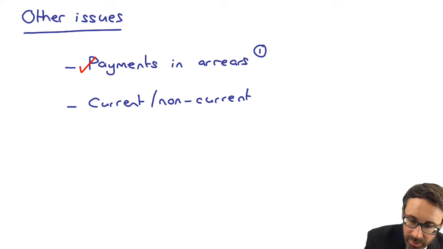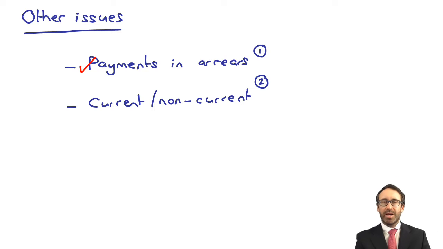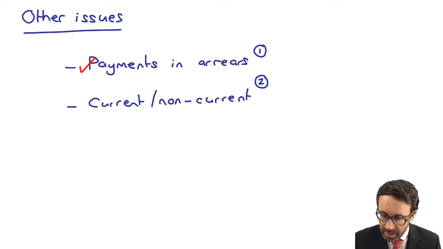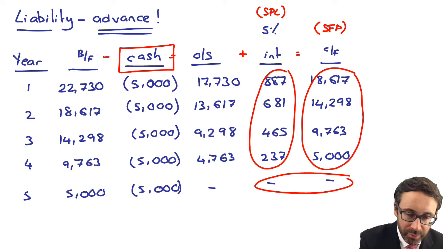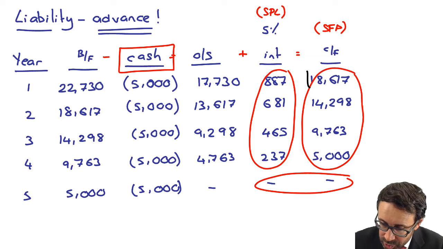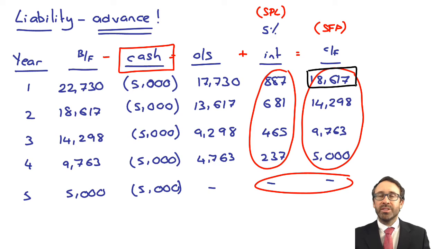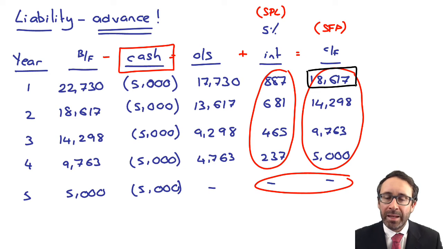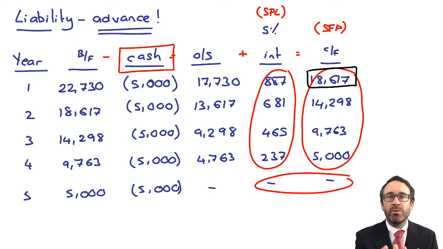The second bit that we need to look at is the split of that liability into a current and non-current amount. So if we go back to the example that we did in that previous lecture, we're looking to split that 18,617 reporting date liability. We need to look at, of that liability, how much is going to be paid off next year.